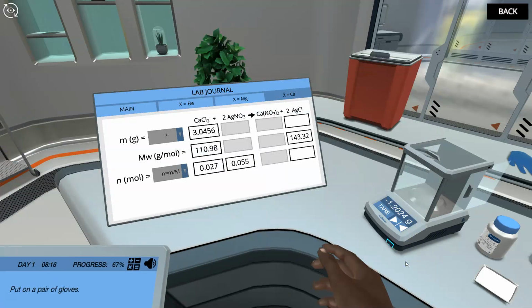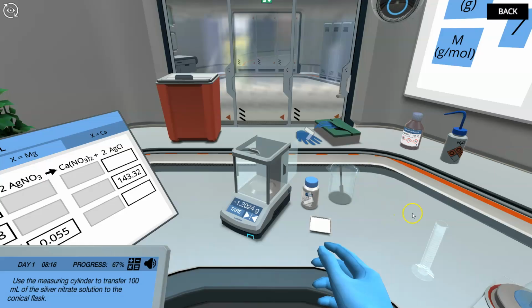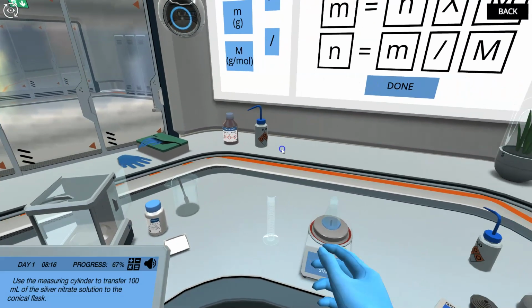Put on a pair of gloves. Use the measuring cylinder to transfer 100 milliliters of the silver nitrate solution to the conical flask.